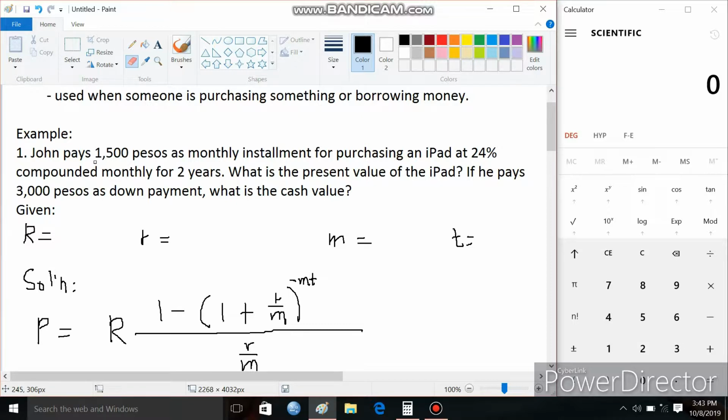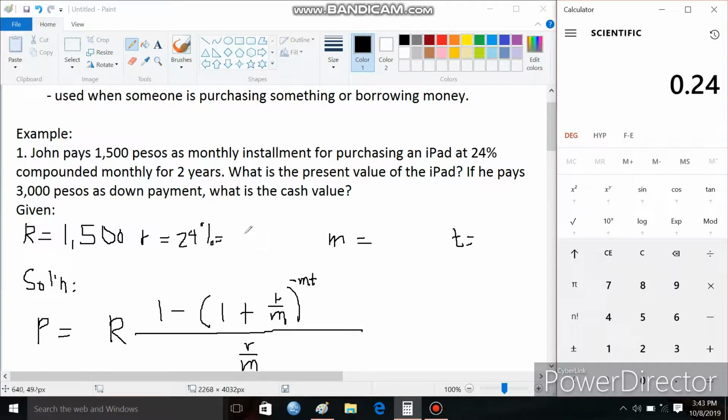Since John is paying 1,500 as monthly installments, our regular payment is 1,500. Next, R, the interest, is 24%. If you convert that to decimals, this is 24 divided by 100 equals 0.24.